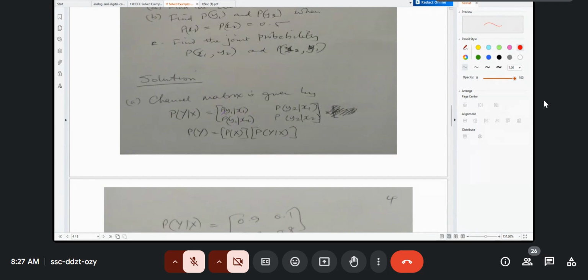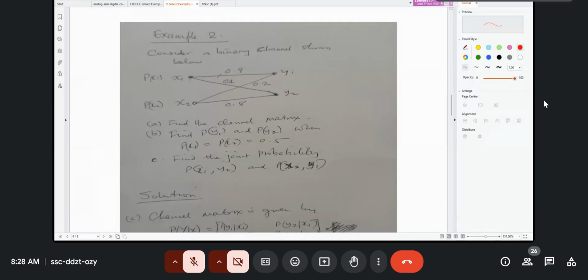So it is P of y1 given x1, P of y2 given x1, P of y1 given x2, and P of y2 given x2. And of course, we know P of y1 given x1 is 0.9.